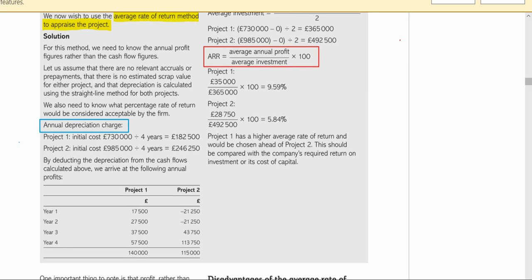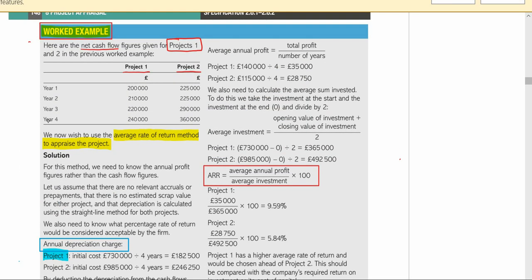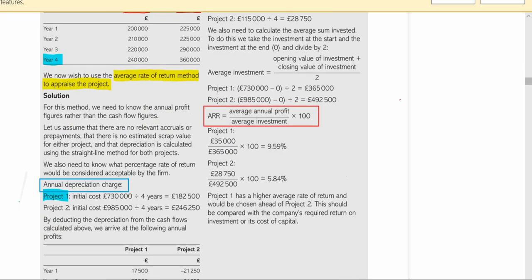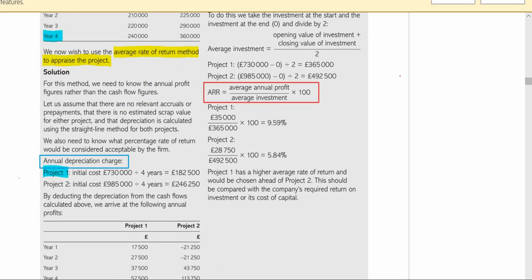For example, for project 1, the initial cost is 730 divided by 4, because here is a 4-year cash outflow. So 730 divided by 4 is the depreciation expense for project 1. Same with project 2: the initial cost was 985,000 divided by 4 years, so here is the depreciation of project 2. Get my point?